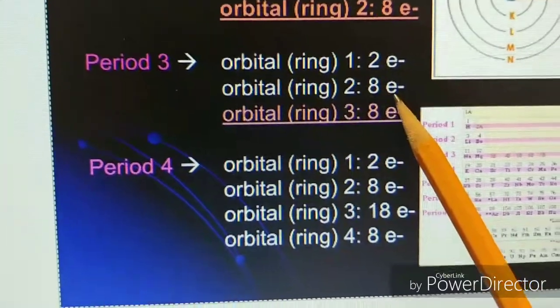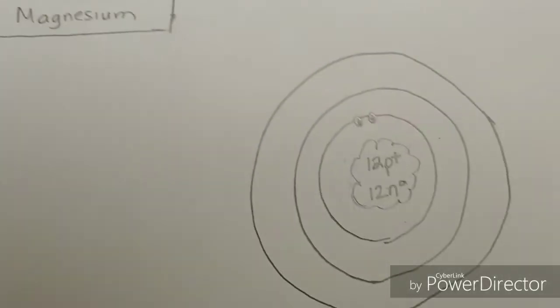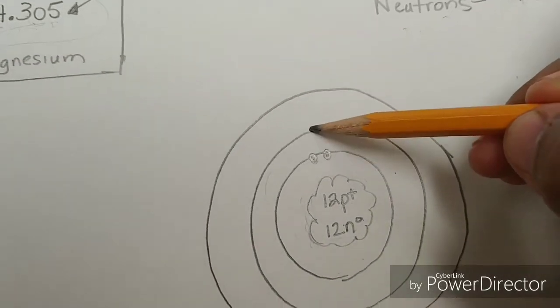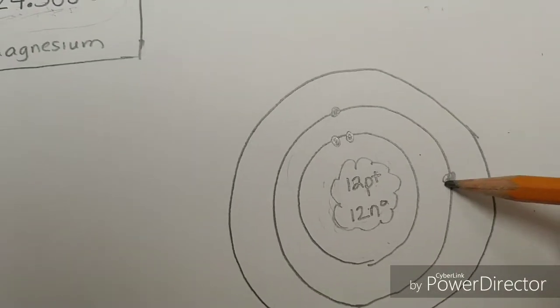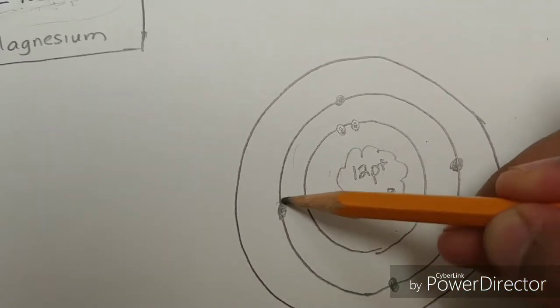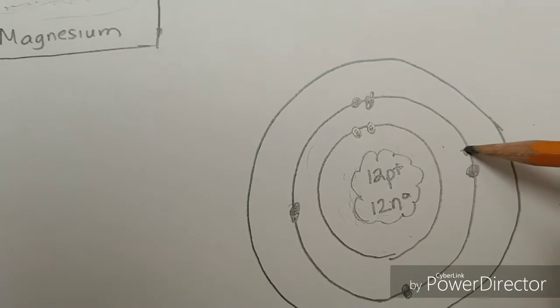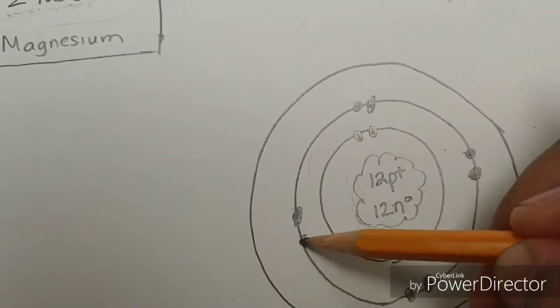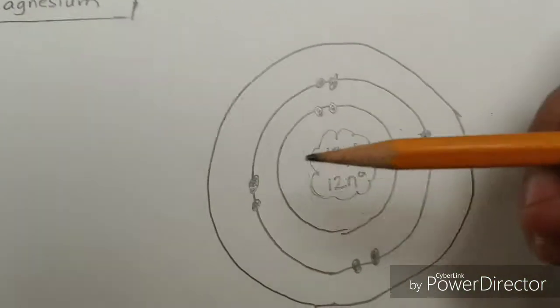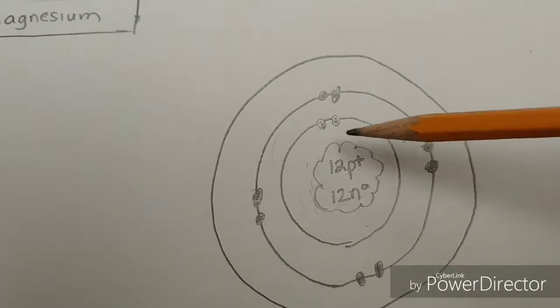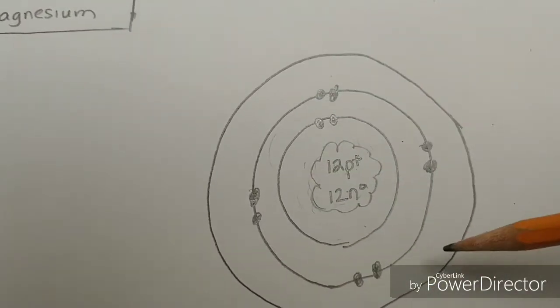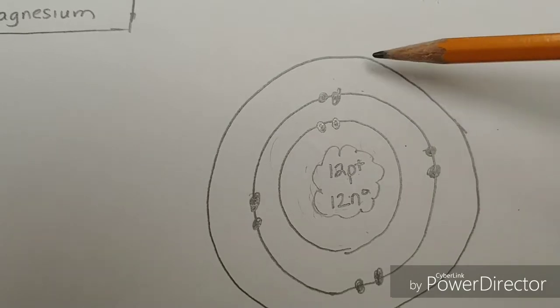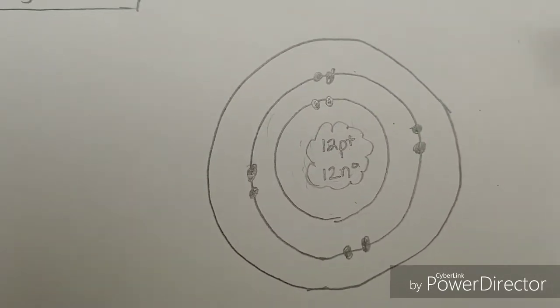On the second ring, it's going to be 8. Notice how I did it in a weird fashion. That's because I want you to put them in a clockwise fashion and also keep them in pairs.